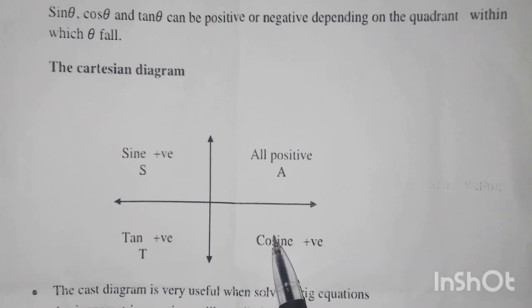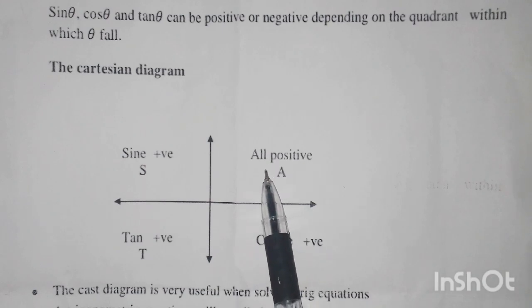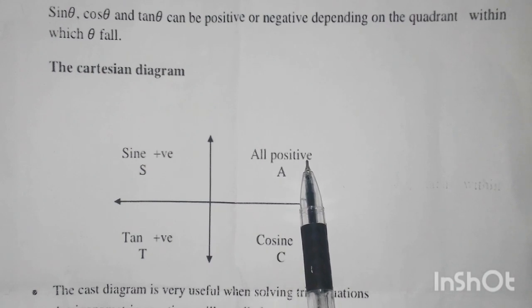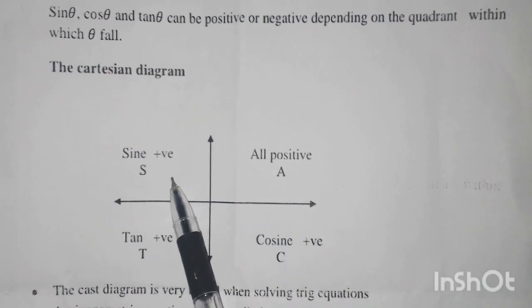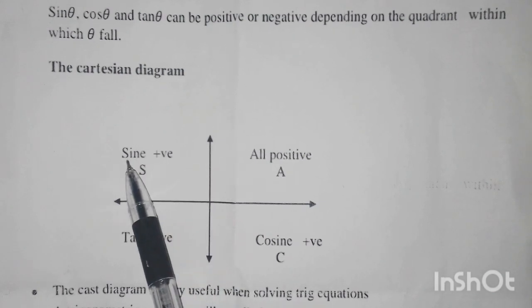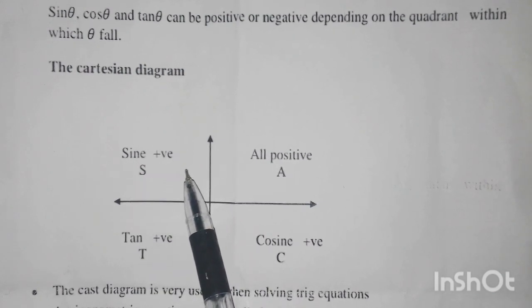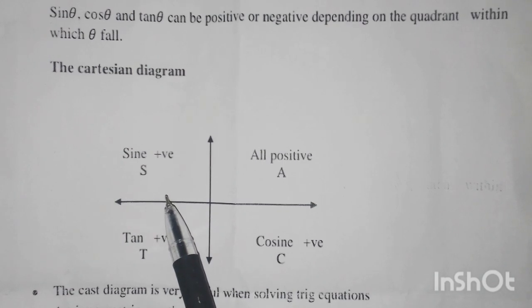In the first quadrant, the sine, the cos, and the tan are all positive. When you go to the second quadrant, only sine is positive, while the cos and the tan will be negative.